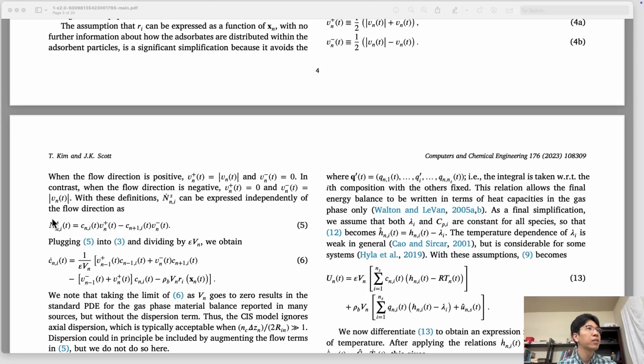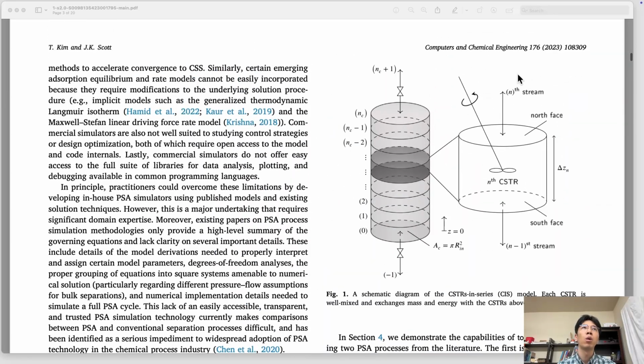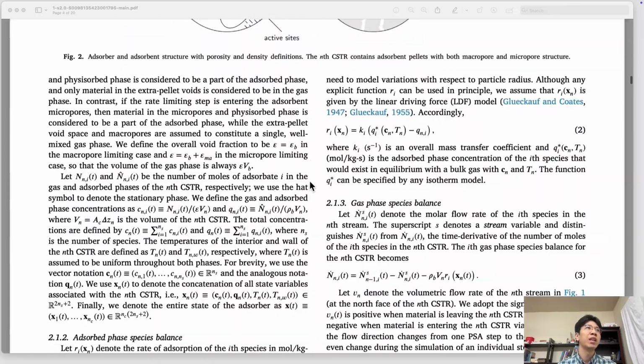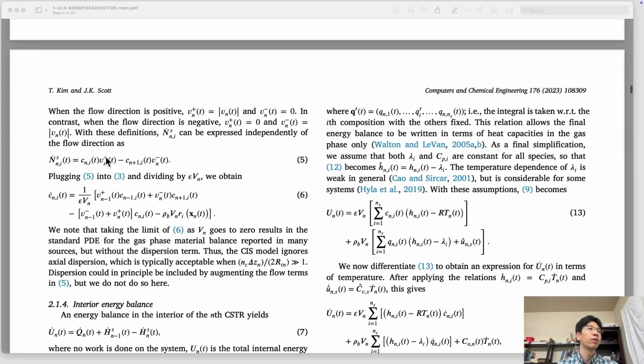So this actually describes the molar flow rate associated with the n stream, right? The n stream right here. So the molar flow rate associated with the n stream can be written independent of the flow direction by using this notion of pseudo volumetric flow rate.